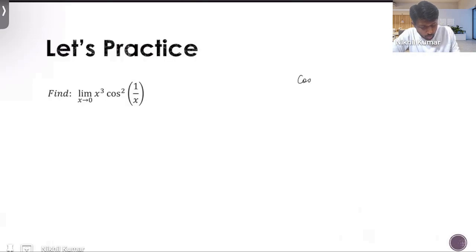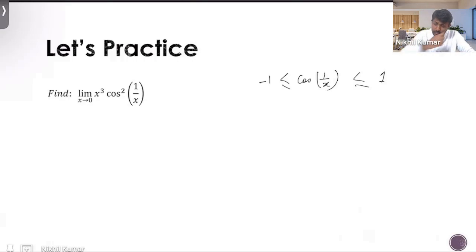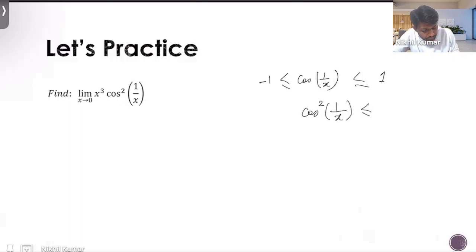Cos of 1 upon x, cos of anything, would again fall between -1 and 1. What can you say about cos square of things? What would be the two bounds of cos square theta?